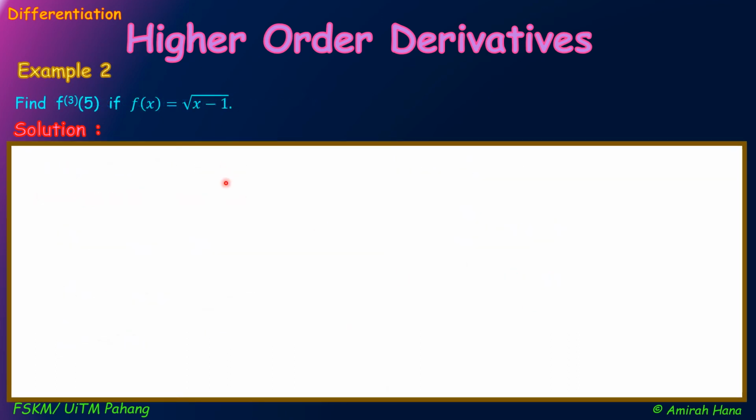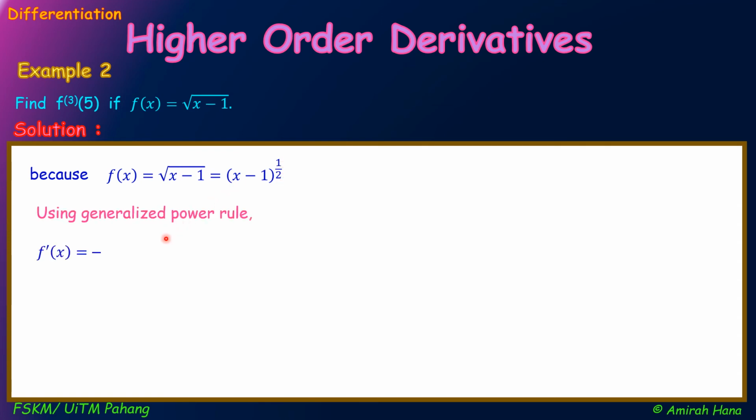Alright, now look at example 2. Find f triple prime 5 if f(x) equals the square root of x minus 1. Because f(x) equals the square root of x minus 1, which equals (x minus 1) to the power of 1 over 2, using the generalized power rule, when we differentiate f(x), the symbol becomes f prime x.